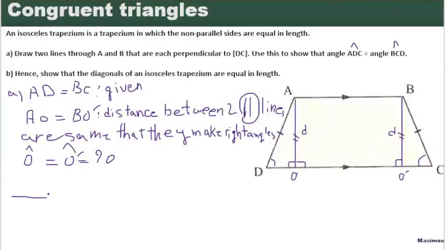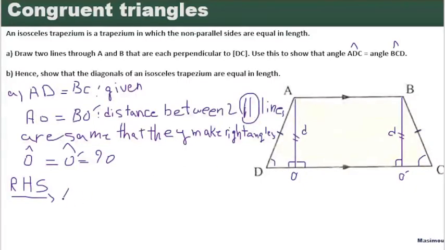So I could prove with three reasons, which says in a right angle triangle, AD and BC are the hypotenuses of these right triangles. If the hypotenuse is one, and one of the corresponding sides are equal, I can prove these two triangles are congruent.